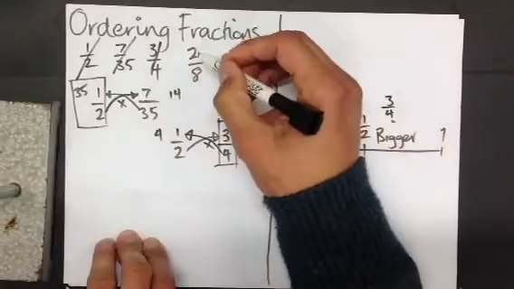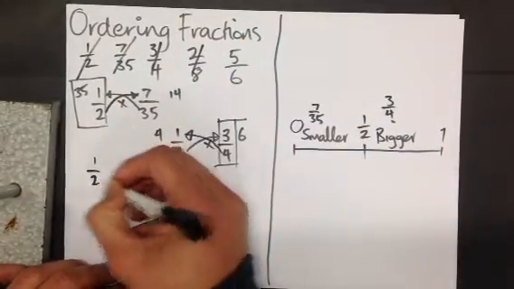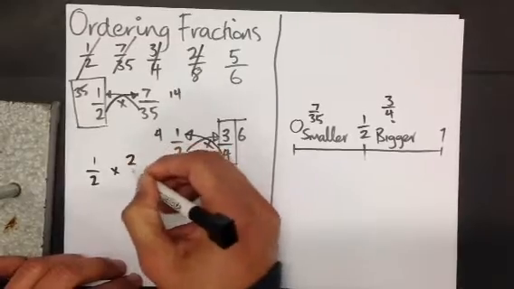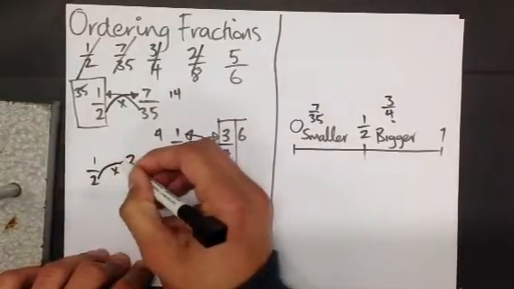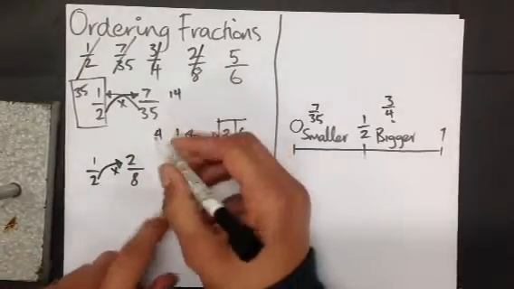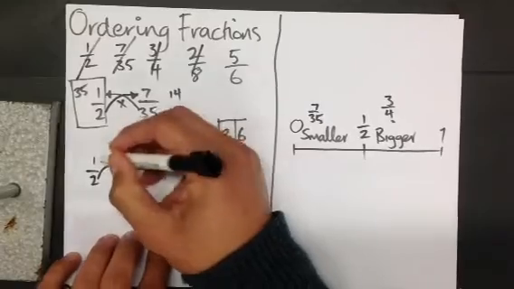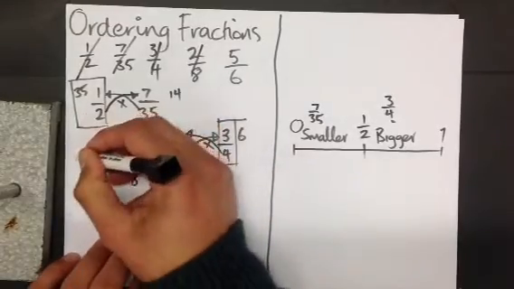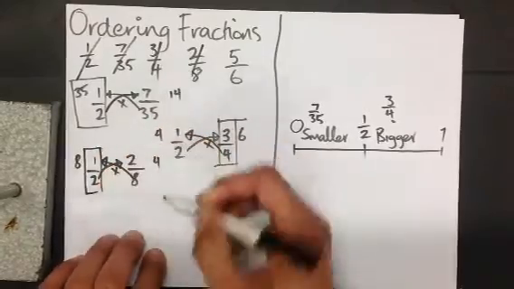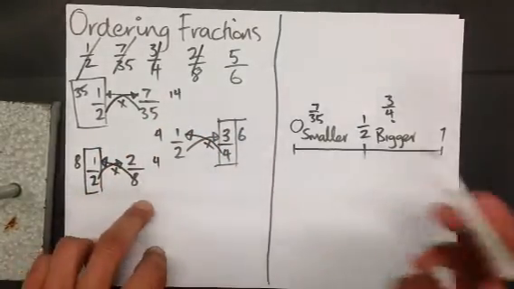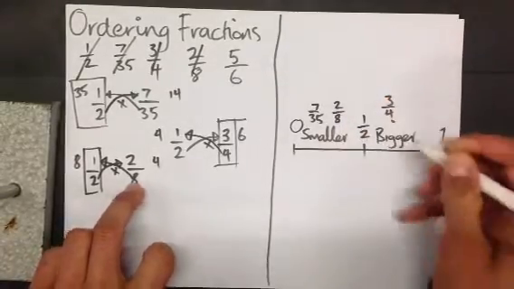Alright, and so on, I go through for 2/8, compared with 1/2. Again, multiply the bottom of one side to the top of the other, I end up with 4, and reversing that, 8 times 1 equals 8. So I know that 1/2 is bigger than 2/8, so I put 2/8 on the smaller side.